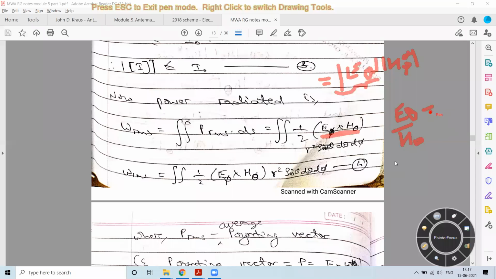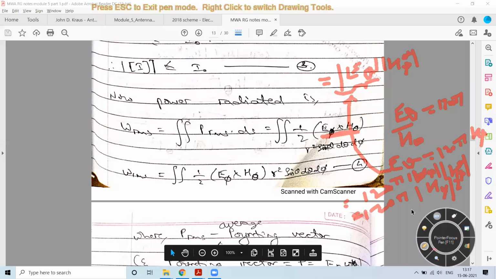Therefore, E theta is equal to 120 pi into H phi. We substitute this over here, and we get 120 pi into magnitude of H phi into magnitude of H phi complex conjugate. This gets simplified as 120 pi into magnitude of H phi squared.